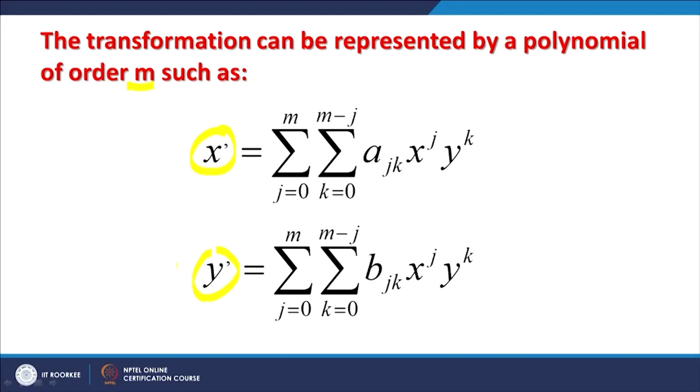By providing the input from the image coordinates, we find the new location for all these pixels through these two polynomial equations. This is the common equation where the m value can be replaced with the order of the polynomial.